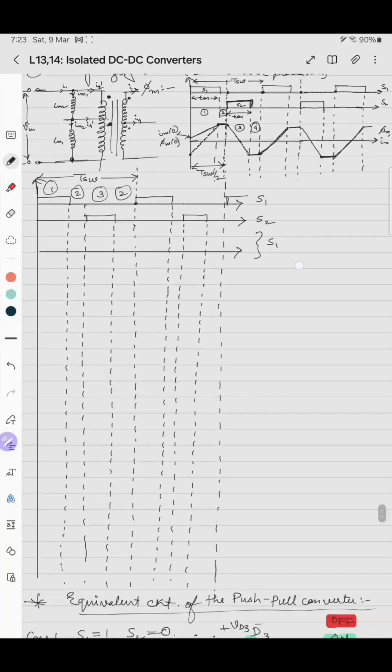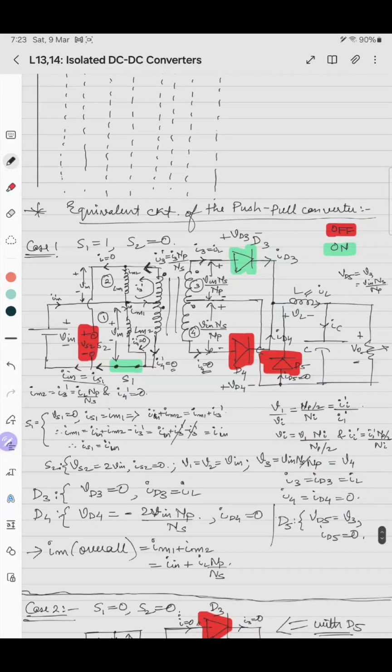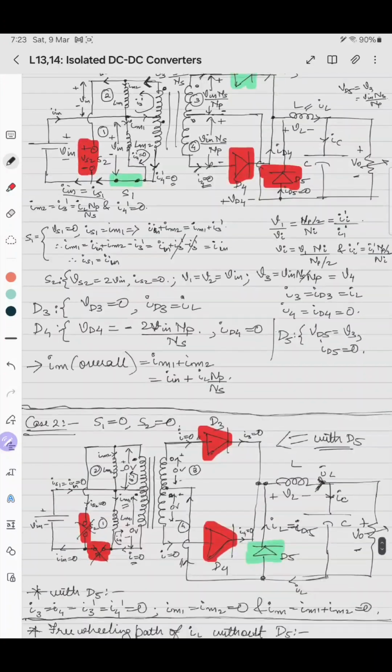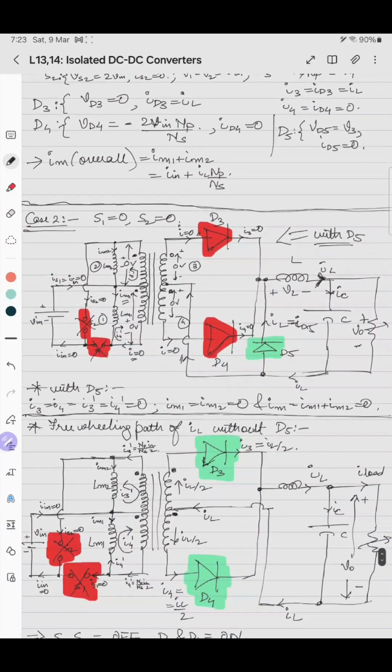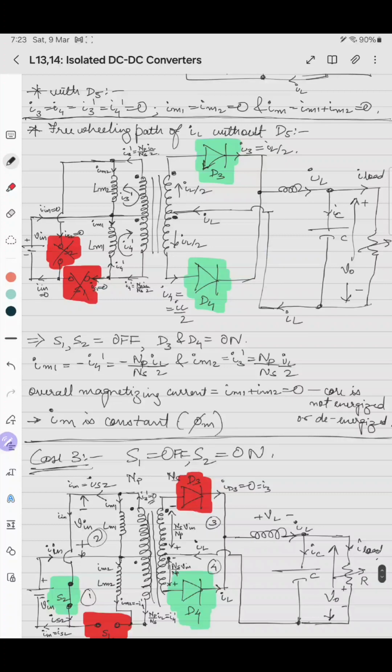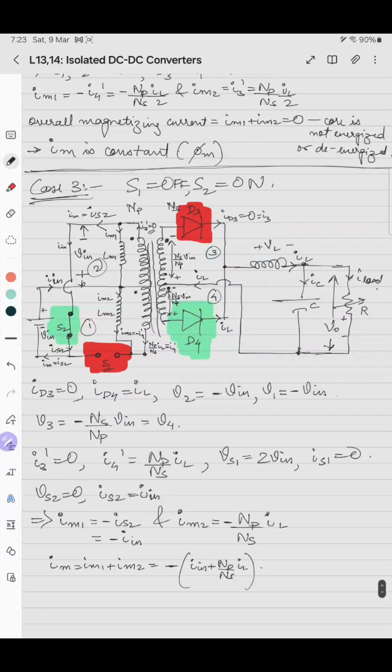So in case number 1, we'll see what the voltage is. VS1 is 0. In case 2, what is the value of VS1? In case 2, the input is isolated from the primary, so it is 0. And in case 3, VS1 is minus of 2 V in.